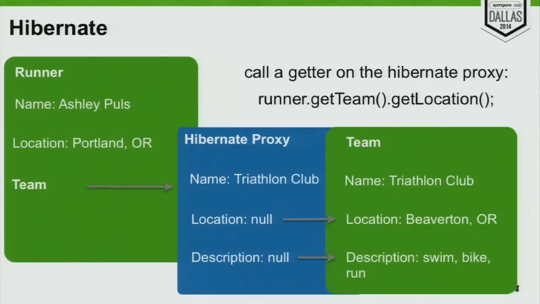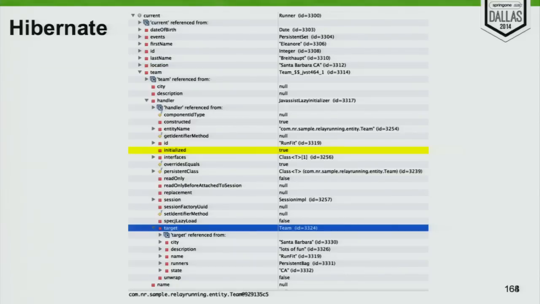It's only the target where the data lives. If you look at this in your debugger, you can see that initialized gets set to true, and then the target object contains all the data from the team database. But things like our city description and handler right on the main team object are still null.